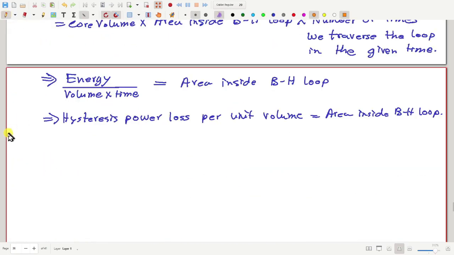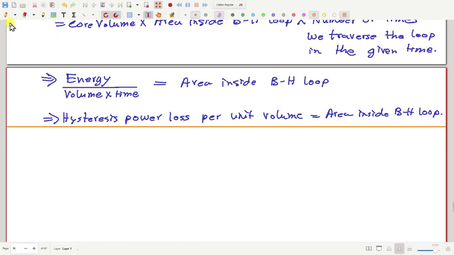Now one empirical or experimental formula is that this hysteresis loss is proportional to B max, the maximum flux density, to the power 1.6.